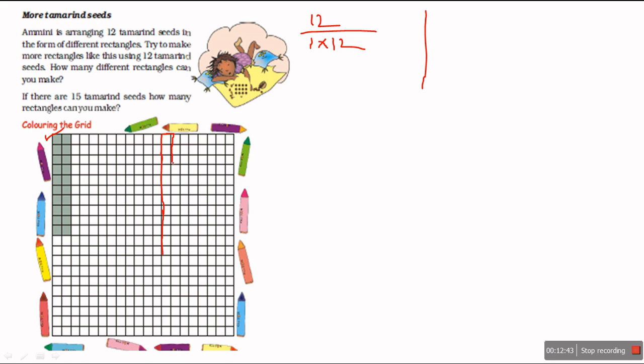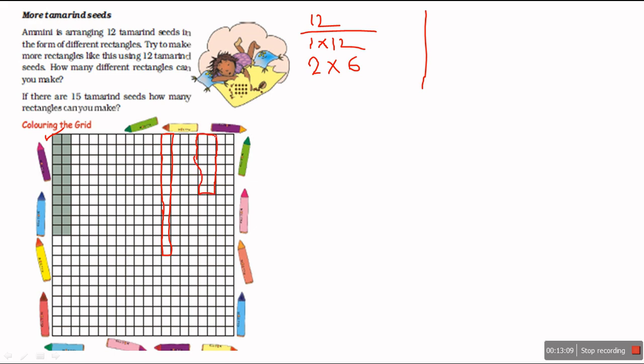So this rectangle will be formed. What will be the other factor? 2 into 6. So this is 2, and 1, 2, 3, 4, 5, 6.